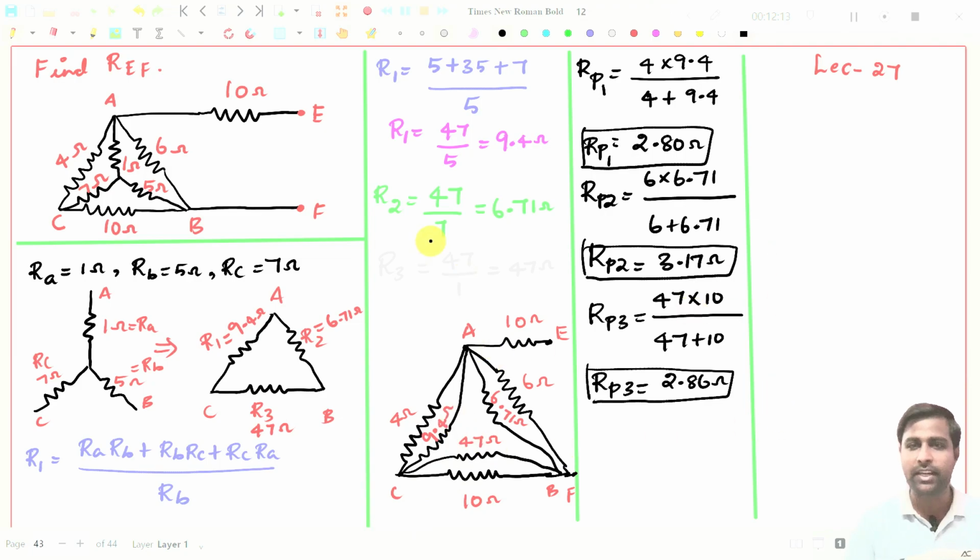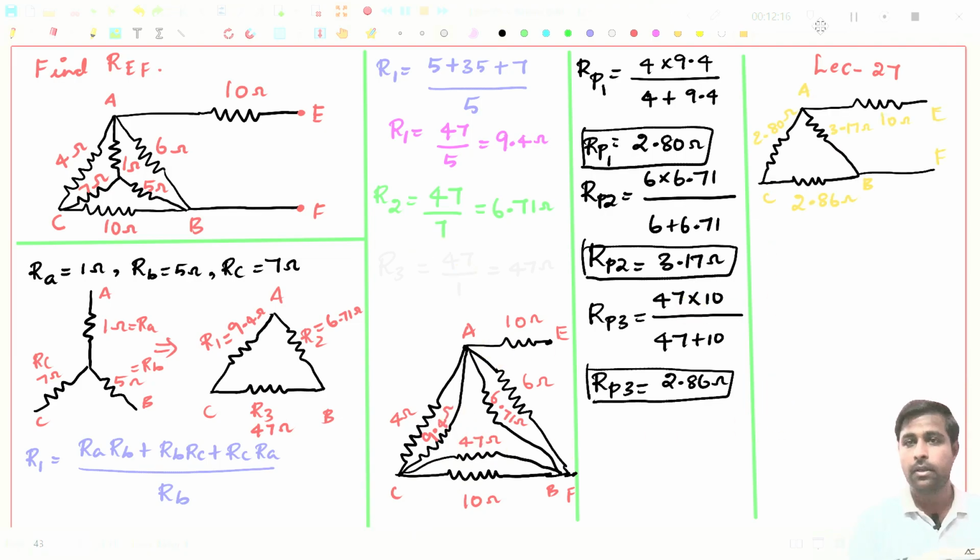So I will draw that diagram now. Now you see, I have just replaced this diagram with the equivalent resistances we have found, right? So this is 2.8, 3.17, this is 2.86. Now how will you find this one? Between these 2 points, these two resistors are connected in series, right?